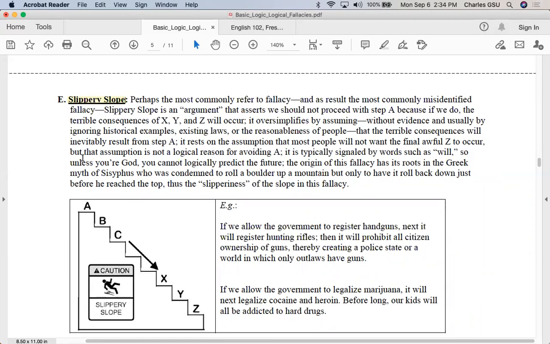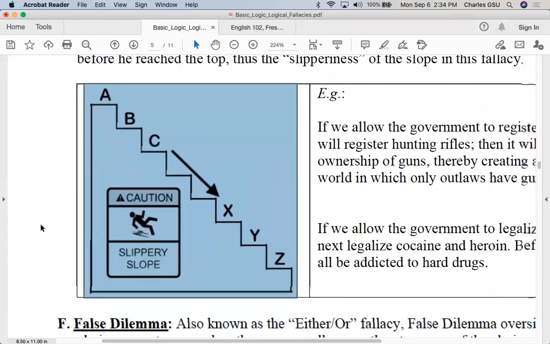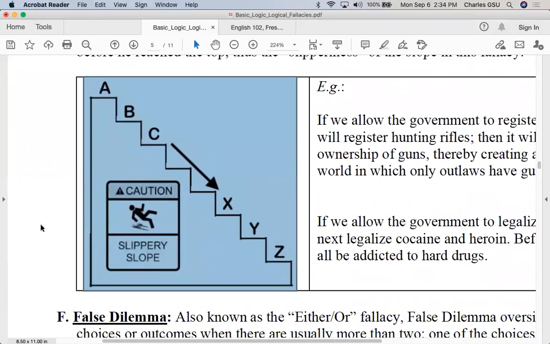So I want you guys to understand this, because on the one hand, you need to avoid it in your speech and writing. And two, you need to be able to detect it in others' speech and writing, so that you as an educated person are not duped or tricked into believing other people's ideas. So what I've done here is I've included this image to kind of visualize what's happening in this so-called argument.